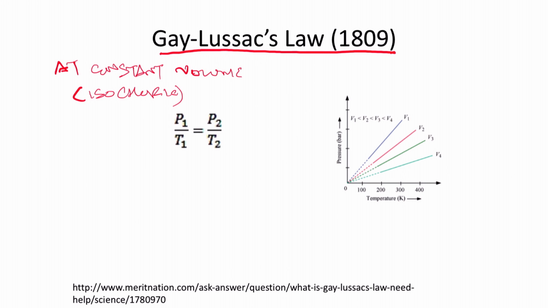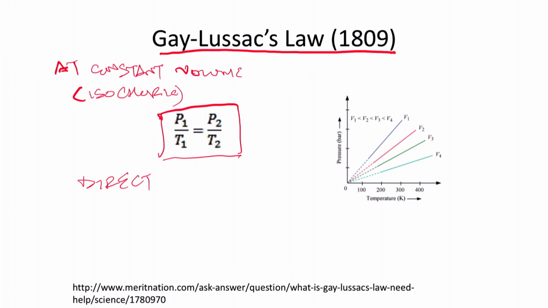And once again, they observed a direct relationship between pressure and temperature, meaning that as the temperature increased, the pressure also increased. So you can derive a similar expression to what we had for Charles's law: P1 over T1 equals P2 over T2.